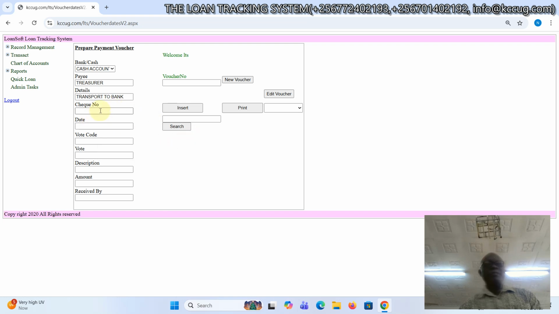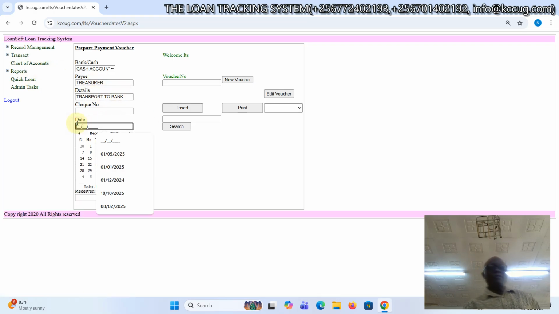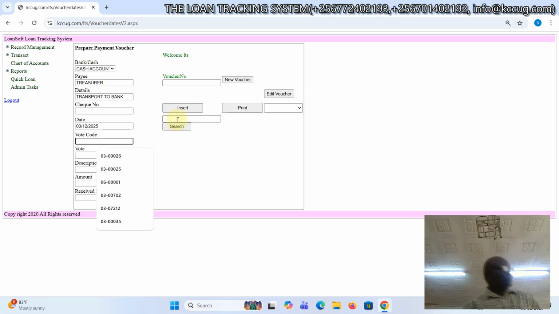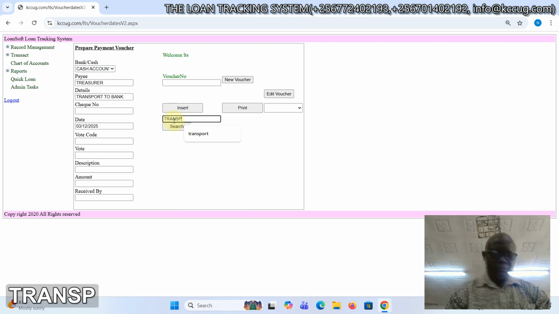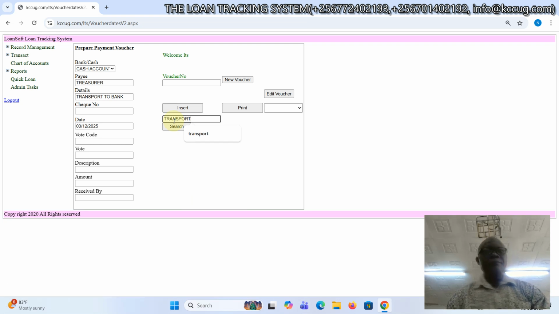You don't have a number here because that money was actually brought from the bank up to here, but you had to spend that money in order for you to go to the bank. So you get the date here, maybe say today. You get the vote. Now the vote is picked from here, from the transport. Transport, and click on select.